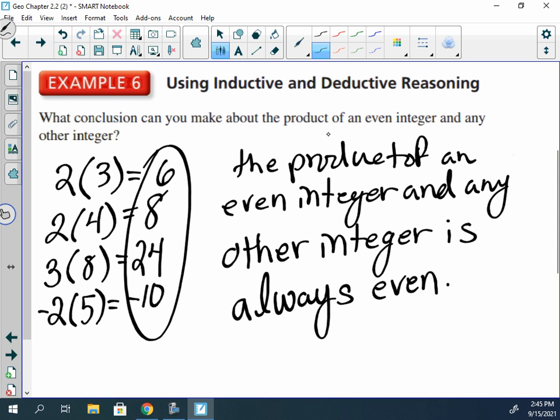Yeah, I put product and of really close together. And that's it. So that would be using inductive reasoning to show that this is true.